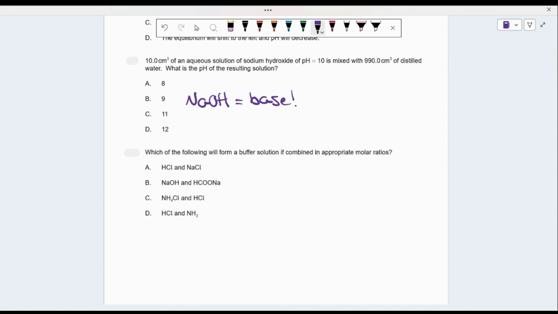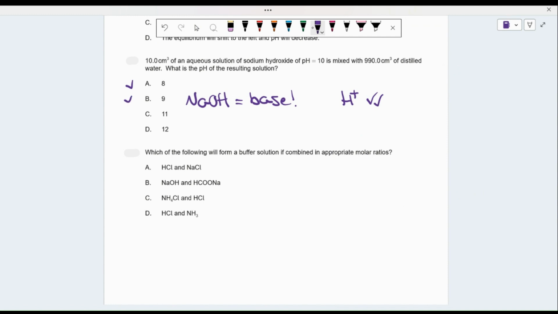That's a base. So you're diluting OH minuses, yeah? So you're adding through that water a lot of H pluses, lots and lots of H pluses. So that means that we are becoming more acidic, so the pH will decrease. So either A or B.